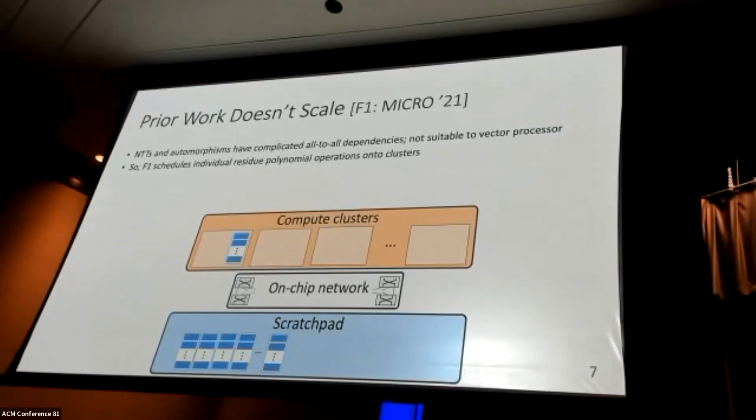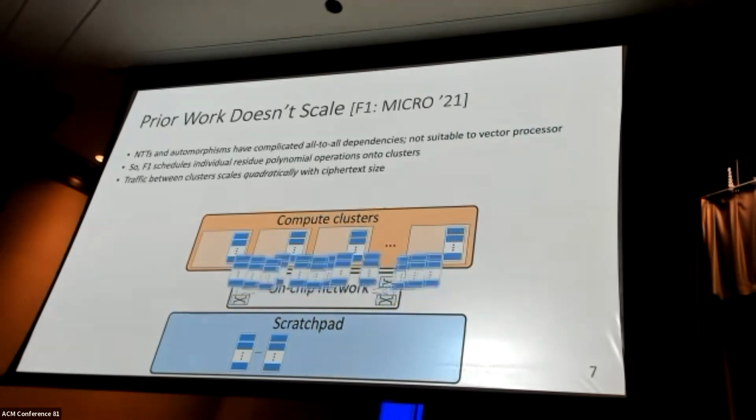So we can schedule an NTT within one cluster, and the advantage of this is that the dependencies of the NTT can be resolved locally within a single compute cluster, right? To achieve good performance, F1 schedules many polynomial operations across its clusters in parallel. So this approach works really well for NTTs and automorphisms.